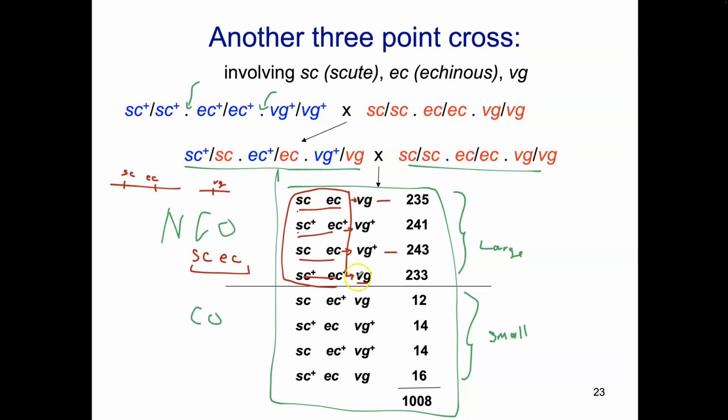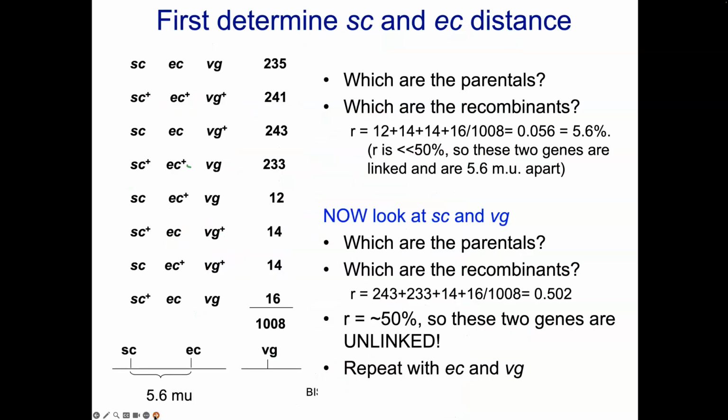Now, we still have to do the mapping. And we'll use these data because in these categories here you can see that the wild type scute is associated with a mutant echinus and vice versa. So these are going to be our recombinants. And I have the analysis on the next slide. So that was all the thinking, and then we just figure out the rest of it, right?